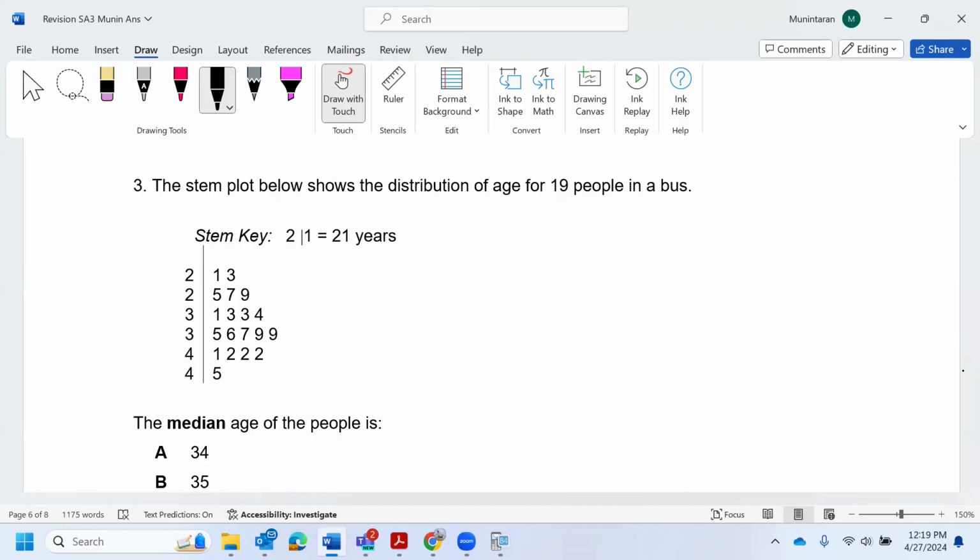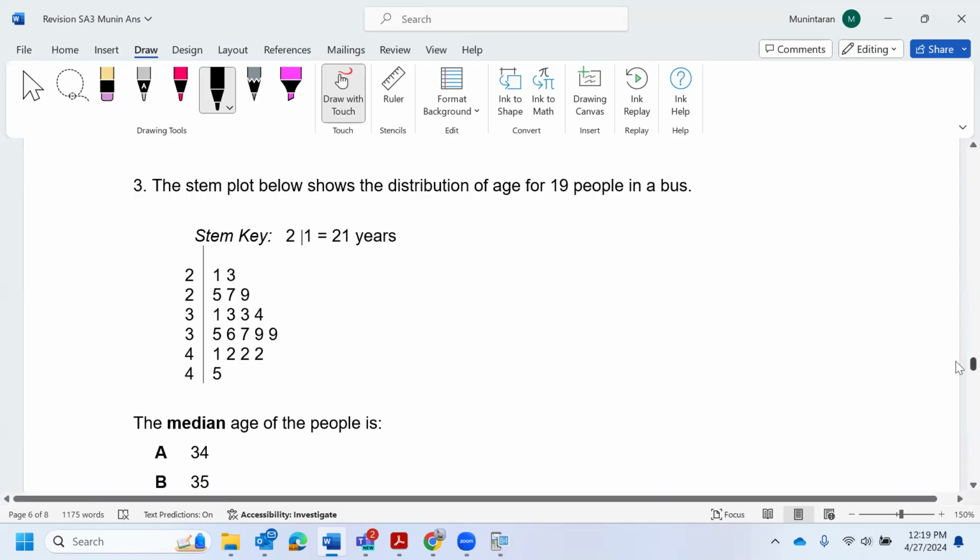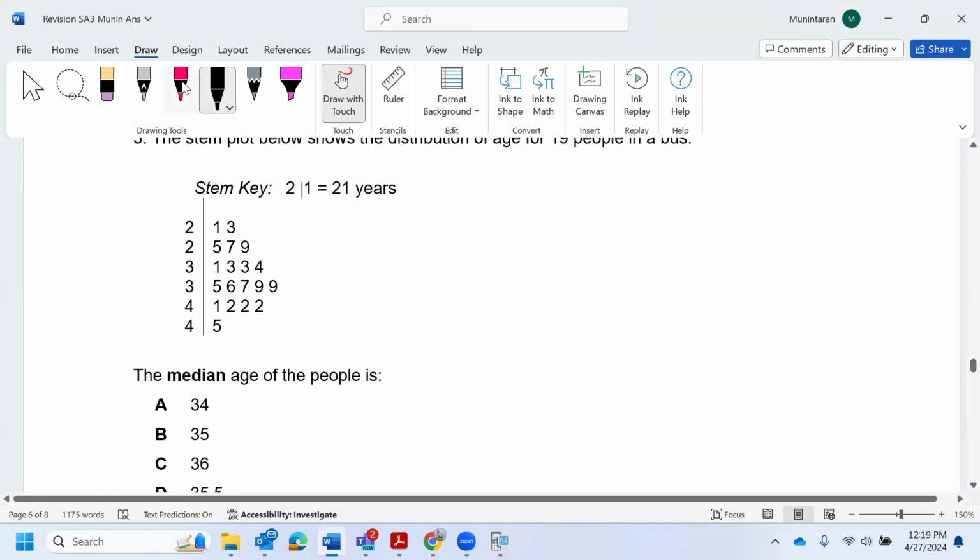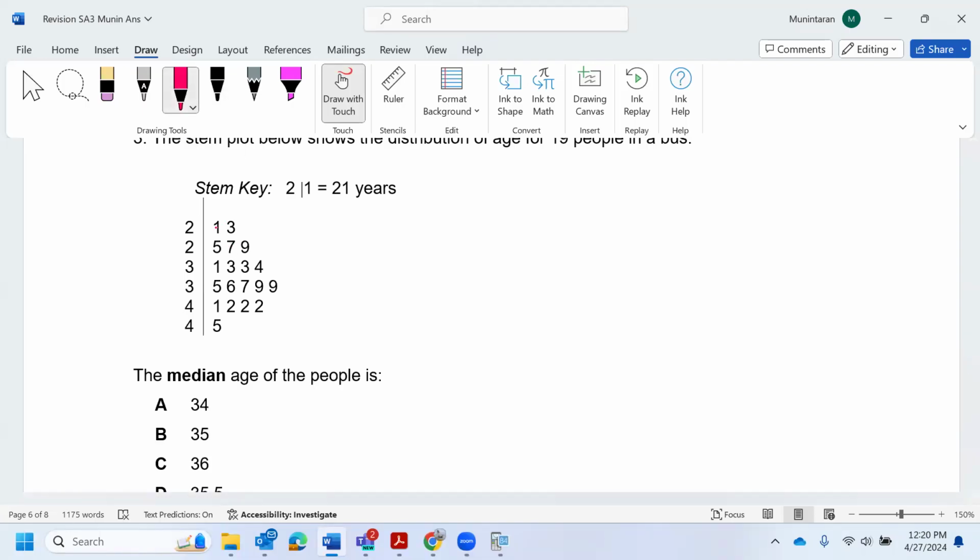All right, the stem and leaf plot shows the age of 19 people in a bus. 2|1 means 21. In this case, you got to see there are 2, 2, 3, 3, 4, 4, so it's only going up to 0 to 4, 5 to 9. Median of the age. Now you can key this in your GC, but I think that's going to take a bit of time. Cancel one here, one there, but you got to be very careful.